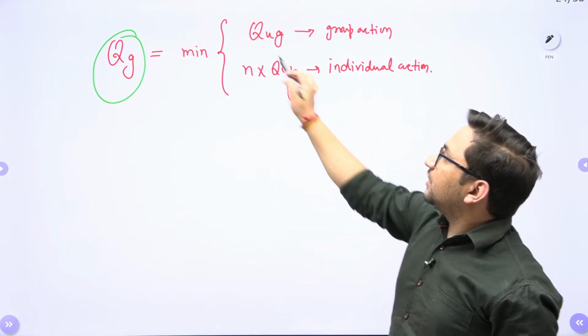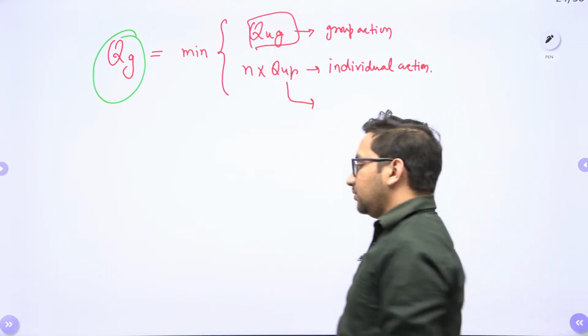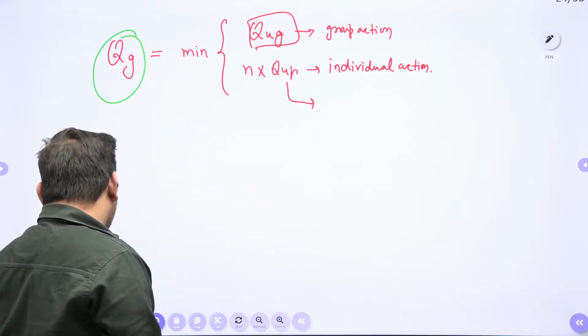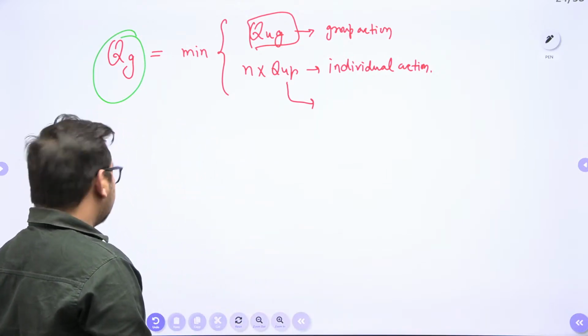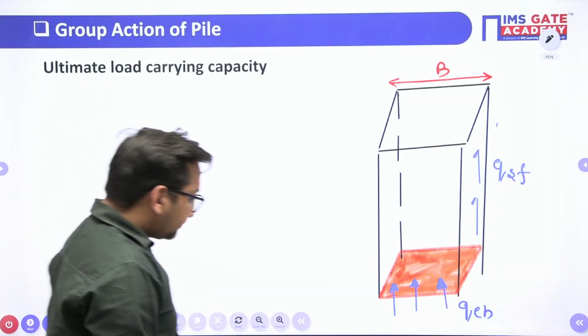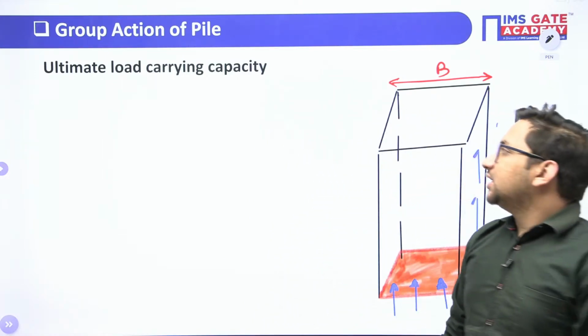The problem is with this QUG value. Now we want to see how to calculate this QUG value. Always remember that this group of piles is constructed in a square pattern.